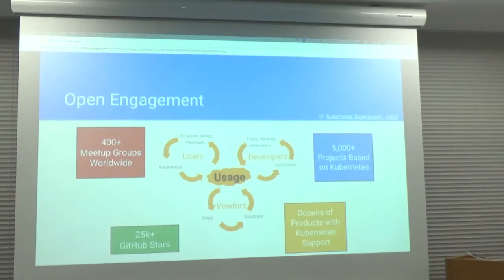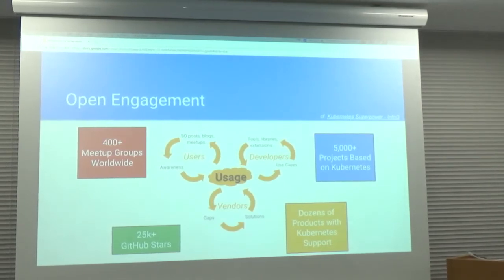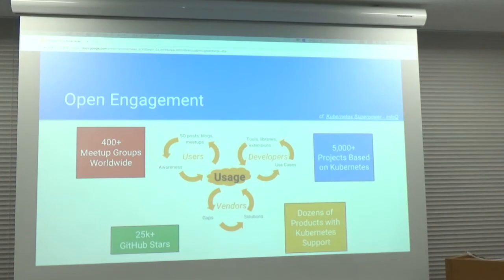The Kubernetes community understands that openness and transparency are the core to evolving Kubernetes rapidly and to being a game changer in industries. This is the Kubernetes open engagement model, presented last year at KubeCon by Sarah Novotny, head of open source strategy for GCP at Google.